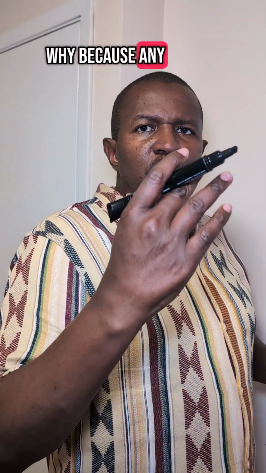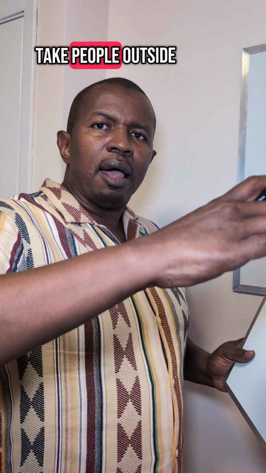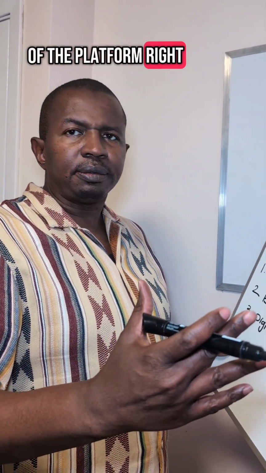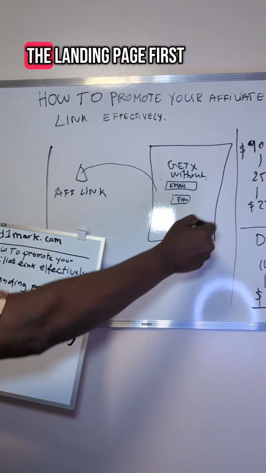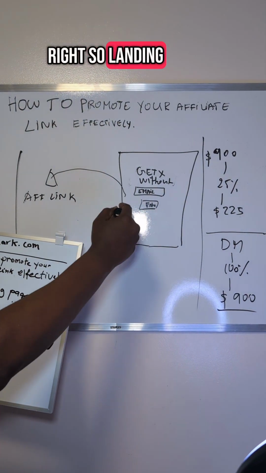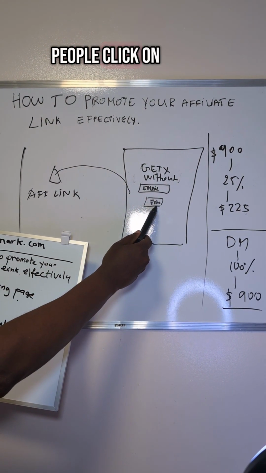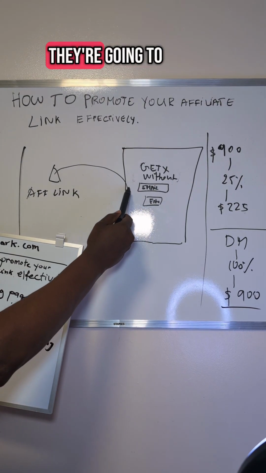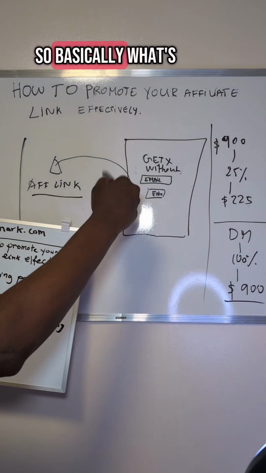Because any social media, for example Facebook, they don't like it when we take people outside of the platform, right? So that's why it's very important to create a landing page first, where when people click on the button, they are going to be redirected to your affiliate link, right?